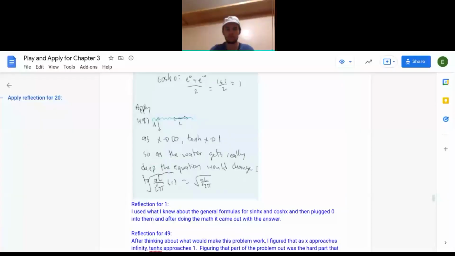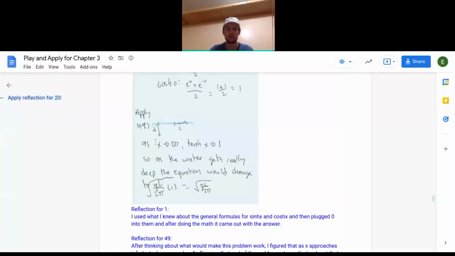Yep. I also did 49 and pretty much did it the same way. I think I just explained it in a couple less words. Right here, I did draw a little picture to help show it.